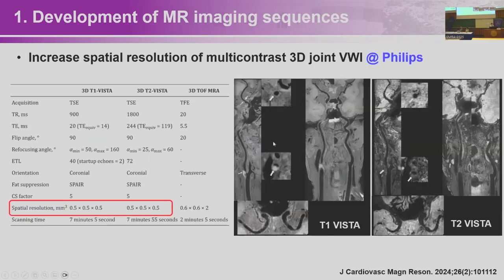So to increase the spatial resolution, our group further optimized the imaging parameters to push the spatial resolution to 0.5 millimeter isotropic. We can also obtain high quality images for T1 weighted imaging, but the SNR is a little decreased for T2 weighted imaging, though the image quality is still acceptable.